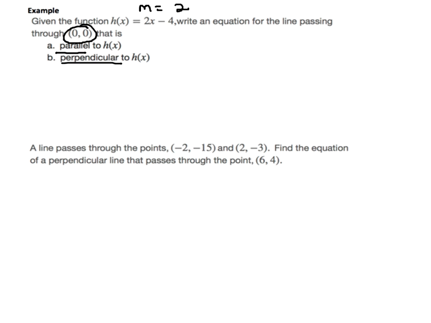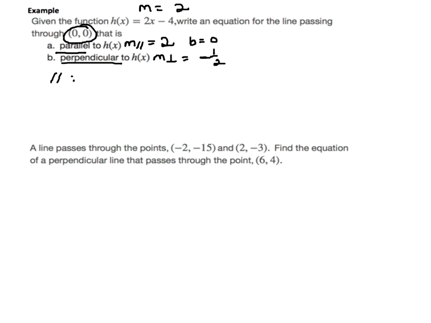Well, the slope that I'm starting with is 2. So my parallel slope, and that's just a little symbol for parallel there, has got to be 2 as well. My y-intercept is 0. My perpendicular slope, and here's the little sign for perpendicular, has got to be the opposite sign and it's flipped.